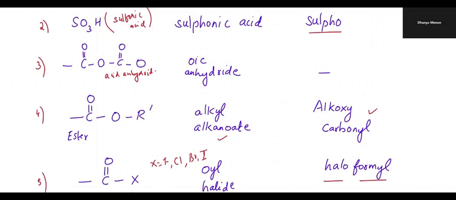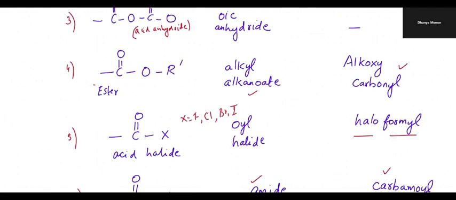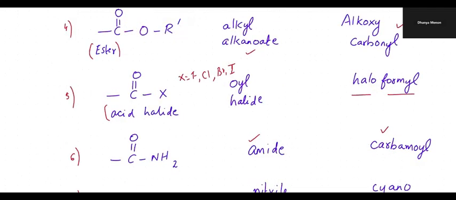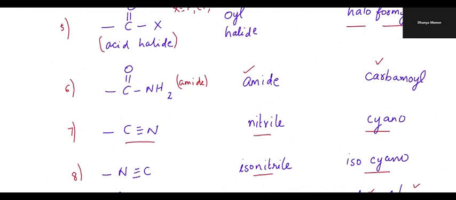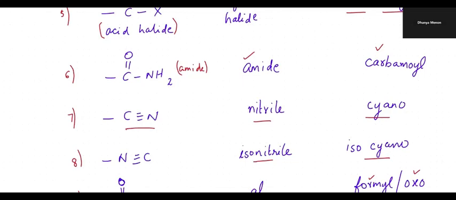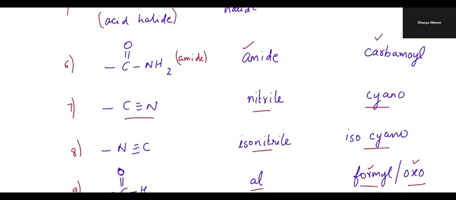Structure of acid anhydride. The next one is the structure of ester. Fifth one is the structure of acid halide. Sixth one is amide. The seventh one is structure of cyanide.